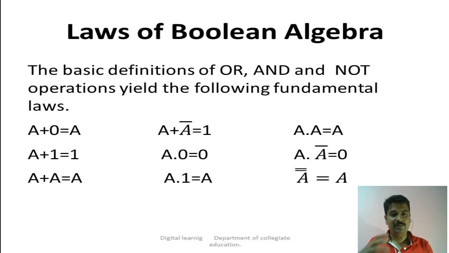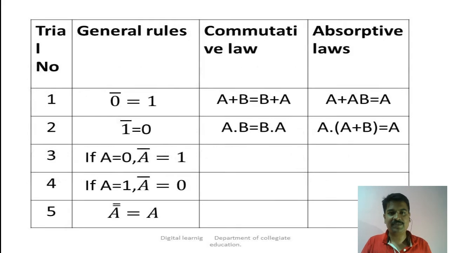And a double bar, that is a bar whole bar, if you do the inversion twice, you will get the same number itself. So these are the very basic fundamental laws of Boolean algebra, which are derived from the definitions of the very basic logic gates, OR and NOT gate.